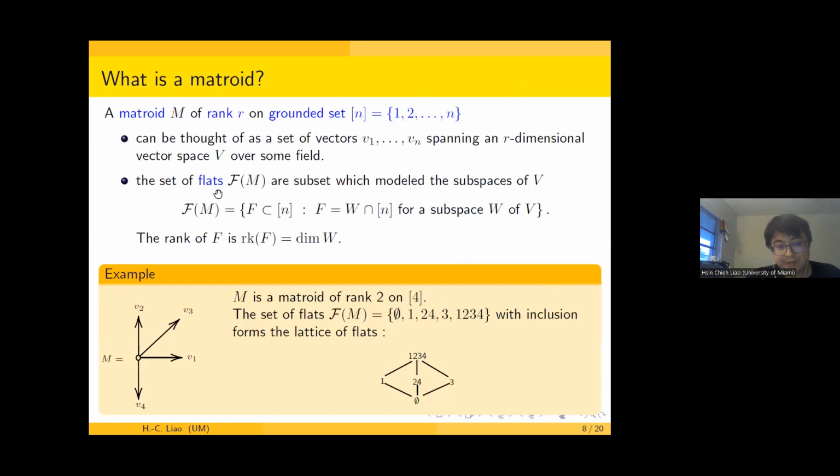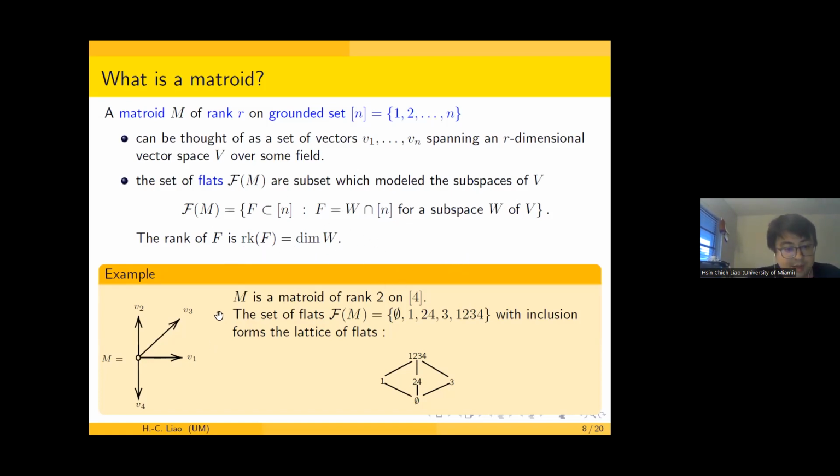And the set of flats of this matroid, F(M), are just subsets which model the subspaces of V. So the set of flats can be written as follows: it's just subsets of the set 1 to n that are equal to the set 1 to n intersected with some subspace W of V. And we say that the rank of this flat F is just the dimension of this subspace.